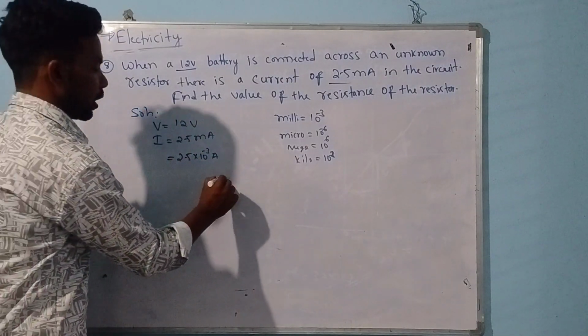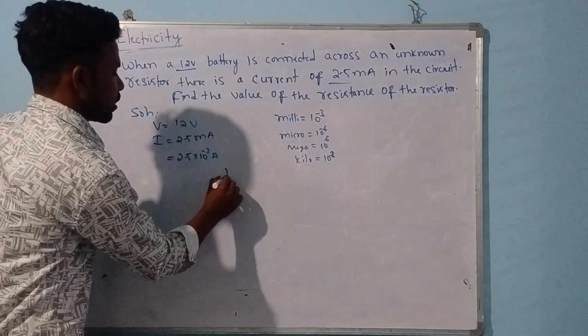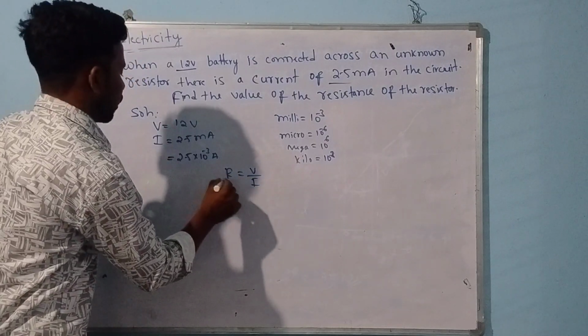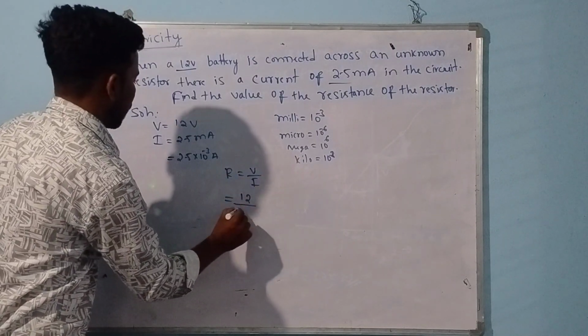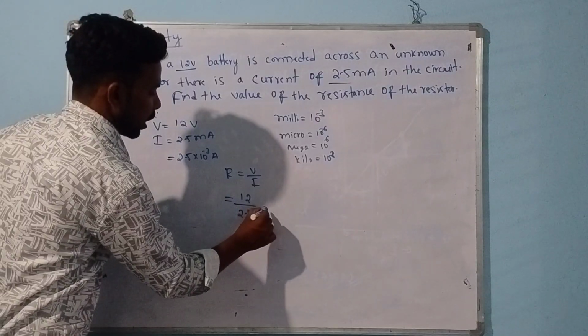So according to Ohm's law, resistance is equal to V by I. That is 12 divided by 2.5 into 10 to the power minus 3.